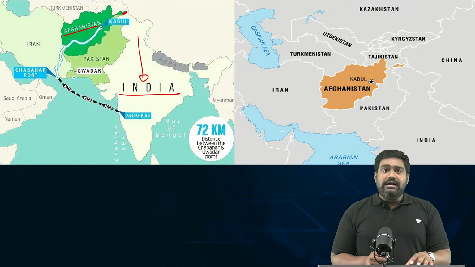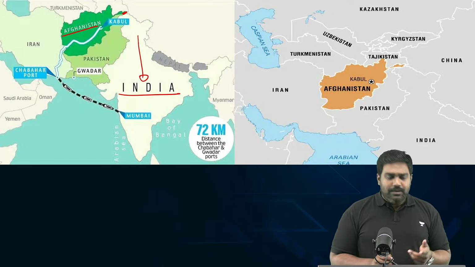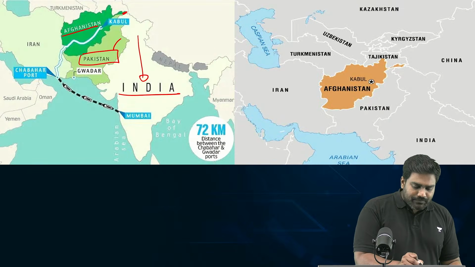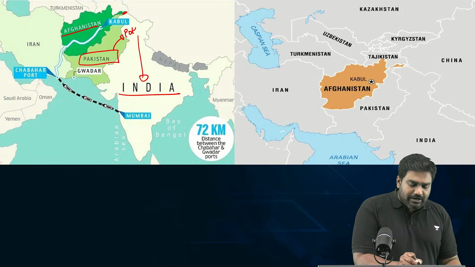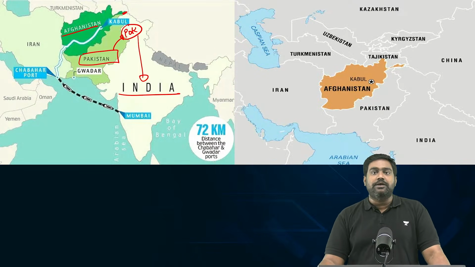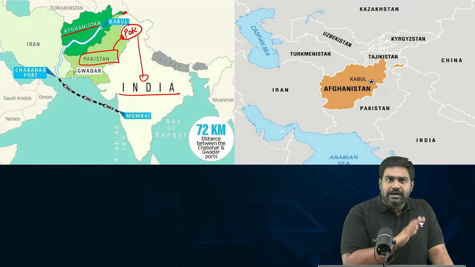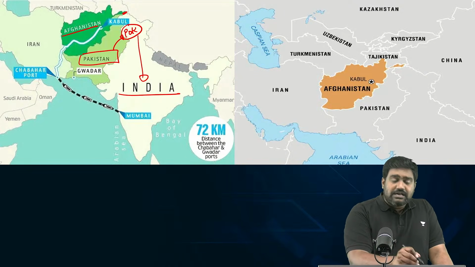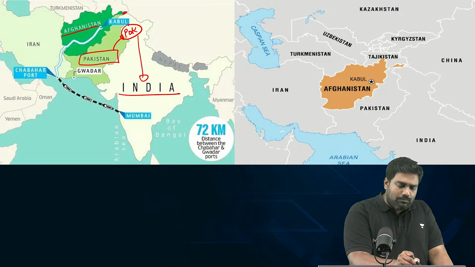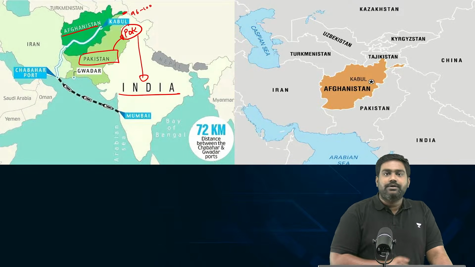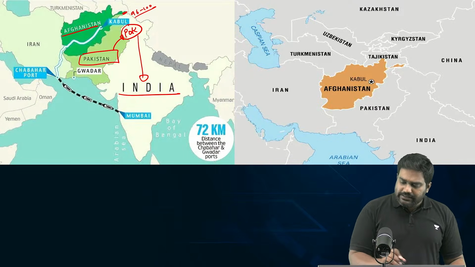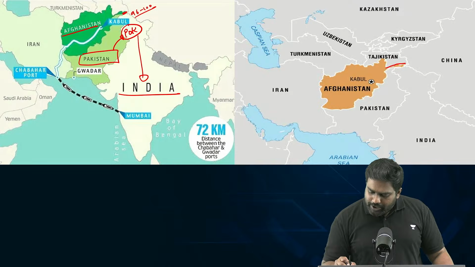But in reality, we don't have this connection. Why? Because Pakistan has illegally occupied our territory, which we call Pakistan occupied Kashmir. Now imagine, just hypothetically, Pakistan had not illegally occupied our territory. Then India and Afghanistan would have this direct border, a small border of 96 to 100 kilometers. This would have linked India directly with this narrow corridor called the Wakhan corridor.